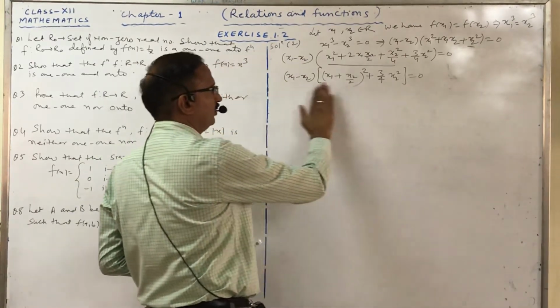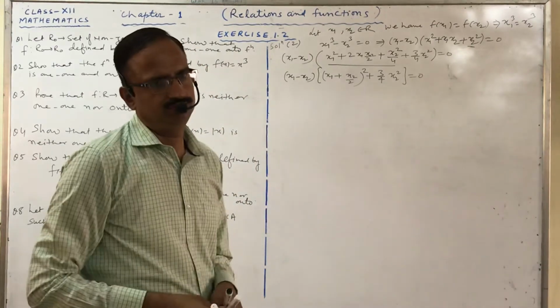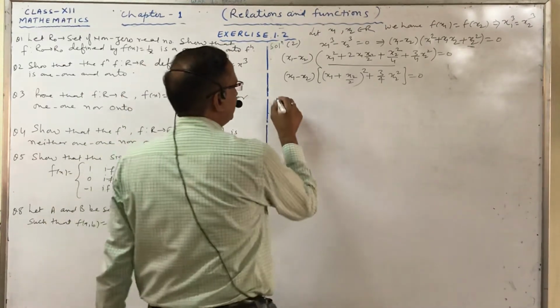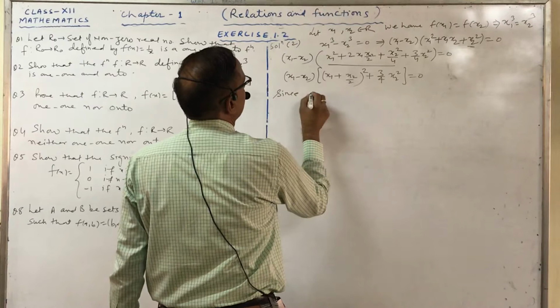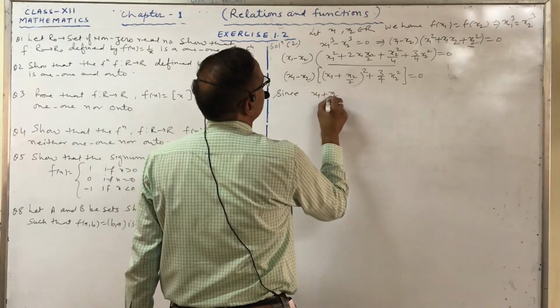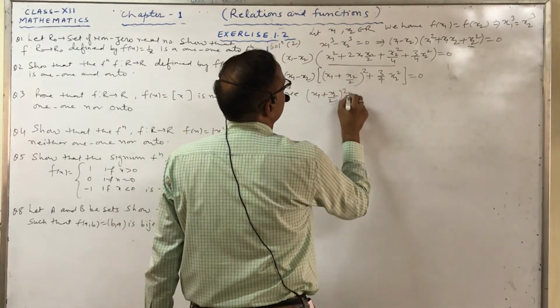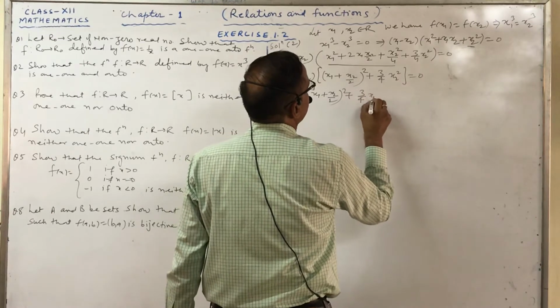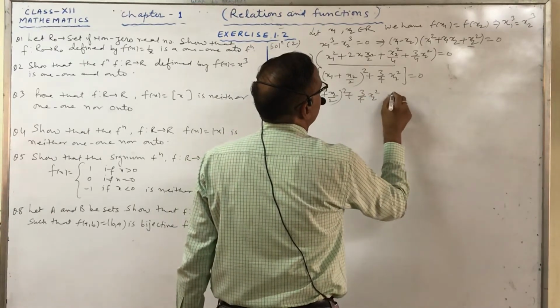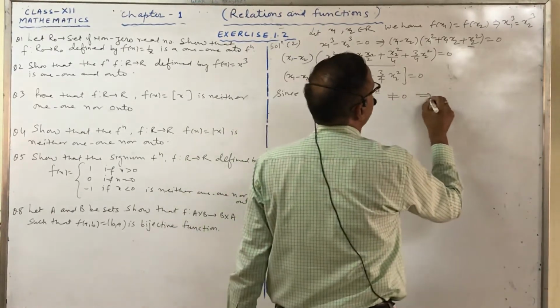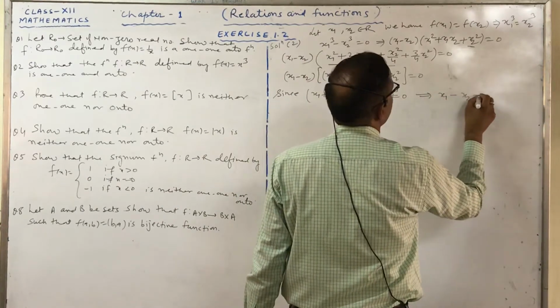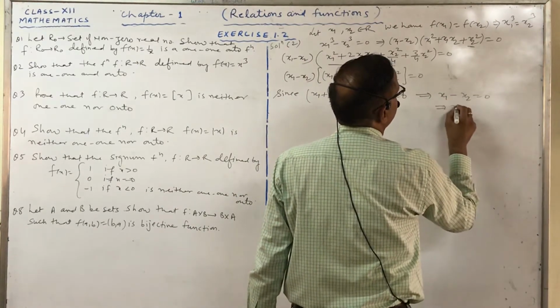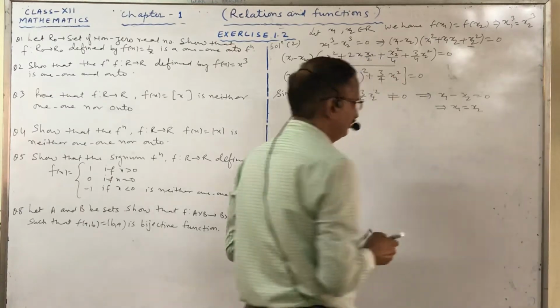This is not 0, so this one is 0. So we can write, since x1 plus x2 by 2 square and 3 by 4 x2 square is not equal to 0, this implies that x1 minus x2 equals to 0, and this implies that x1 equal to x2.